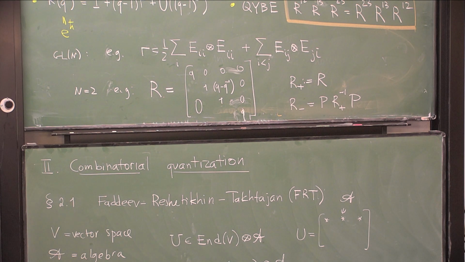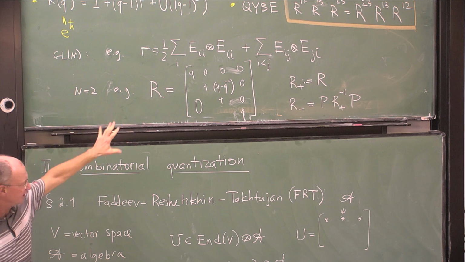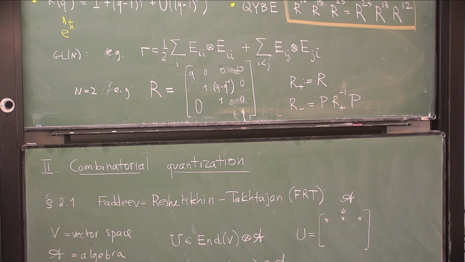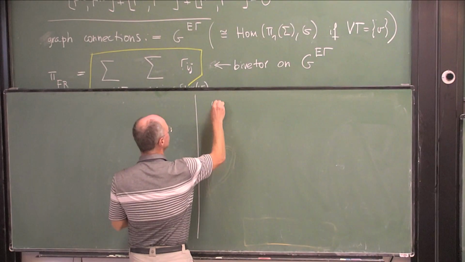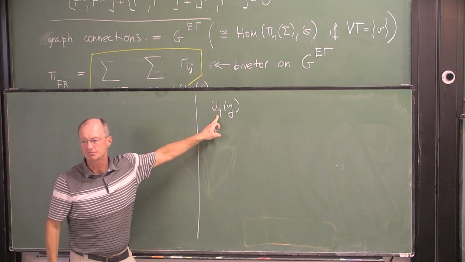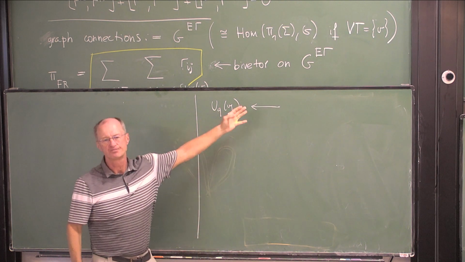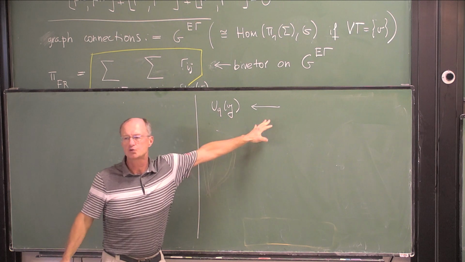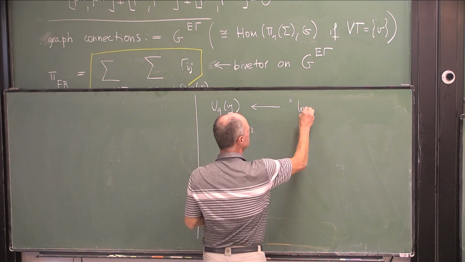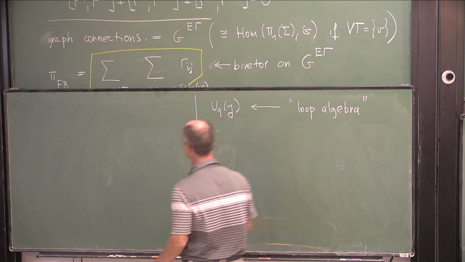Right. So now I want to define for you two algebras using this R matrix formalism of FRT. So one algebra that I want to define for you will be very closely related to U_q(g). In fact, there will be a map which is not quite an isomorphism, but which is close to an isomorphism, from something which is called a loop algebra.